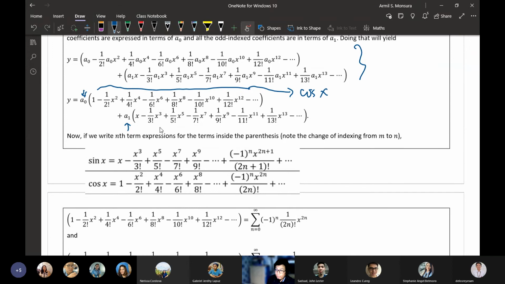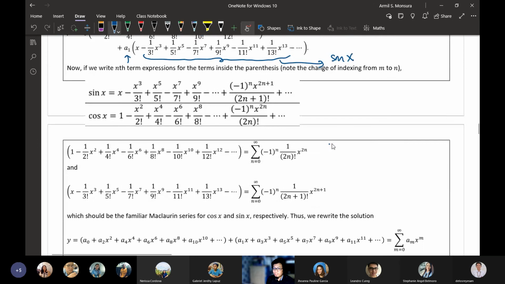While the second set of terms is x minus x cubed over 3 factorial plus x raised to 5 over 5 factorial minus x raised to 7 over 7 factorial and so on. So it turns out that your second set of terms is sine of x.